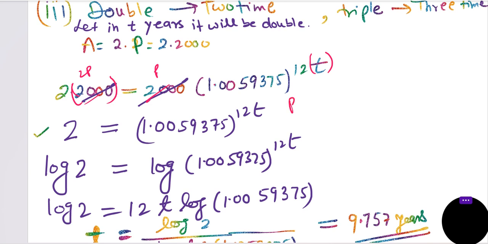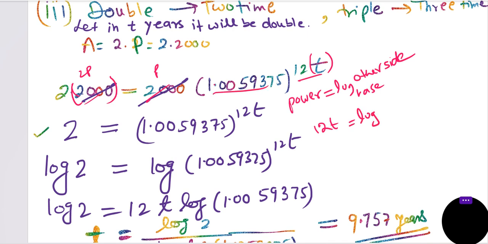And next after this we can use the rule, power equals log, base on the other side. So here the power is 12t, the log base is this one, 1.0059375. The other side, as you see, is 2.